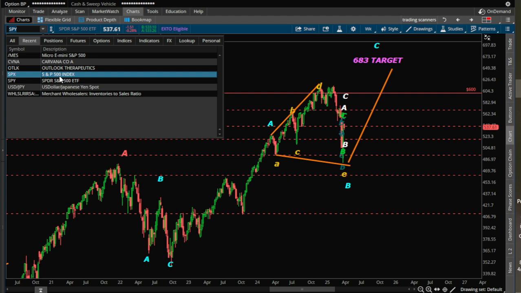This is the actual index here. So right now we closed at 53.96. So my alternate count would be kind of consolidating here for maybe some kind of triangle. Every once in a while my computer wants to act up.